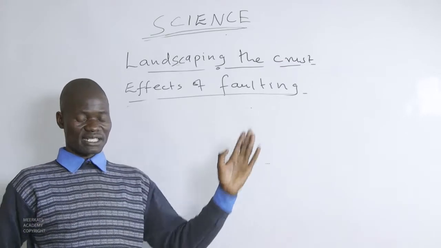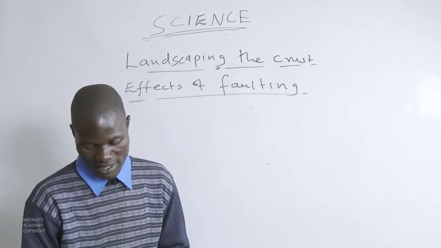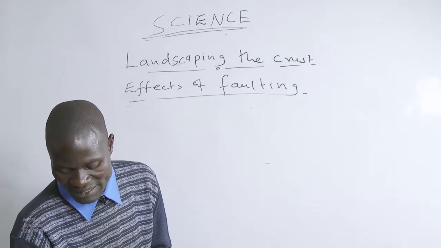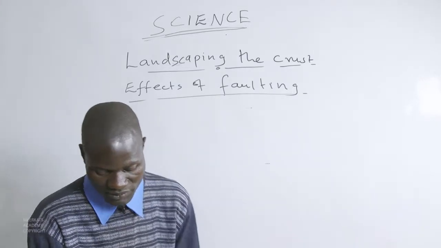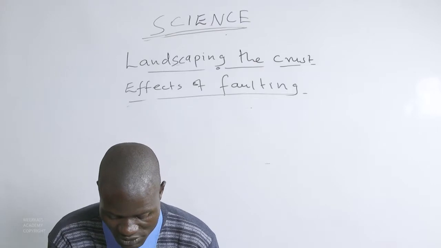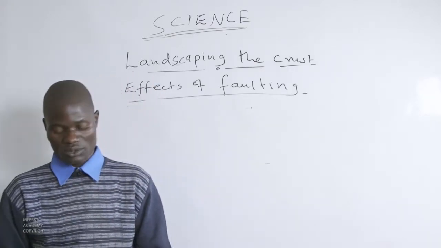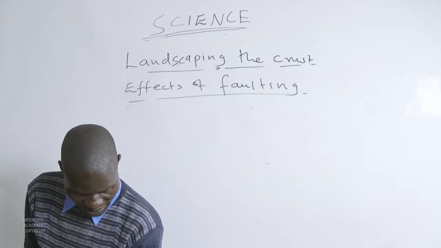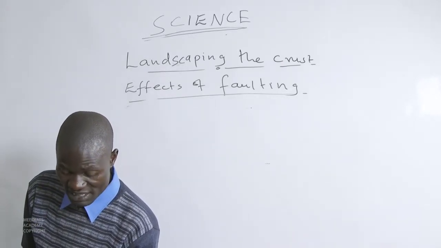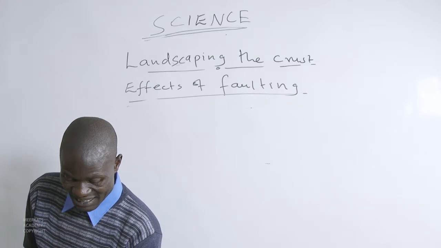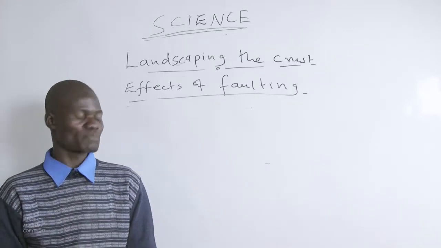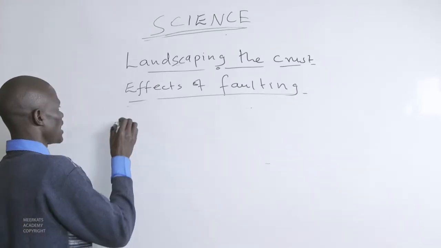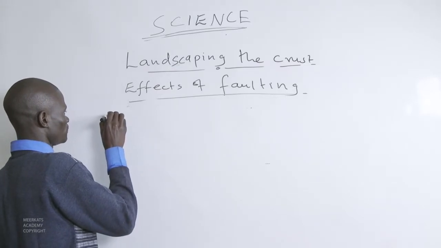There will be steep-sided slopes that are very sharp compared to the normal ones, and some of them may have steps that you can just look at. Another resultant feature that can easily be seen on the earth crust is fault steps. We have fault steps.